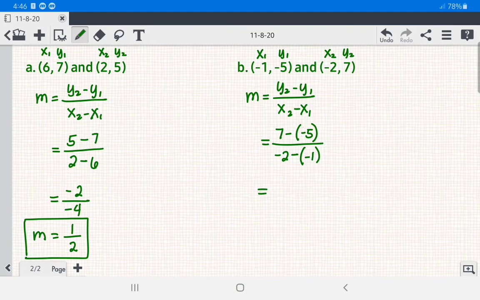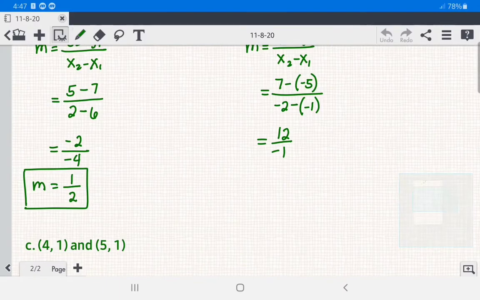Then I'll give you a technique: if we have a double negative, make it positive. So 7 plus 5 is now equal to positive 12. Then negative 2 minus negative 1, double negative, make it positive, so it becomes negative 2 plus 1, that is negative 1. So 12 divided by negative 1, our slope now is negative 12.